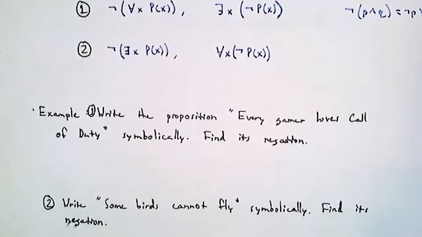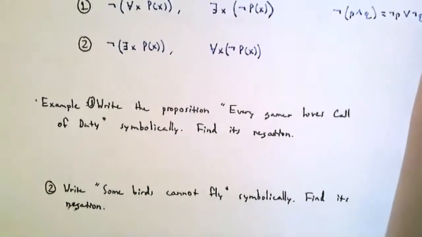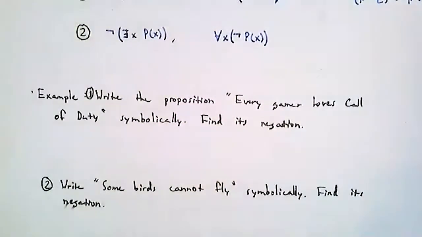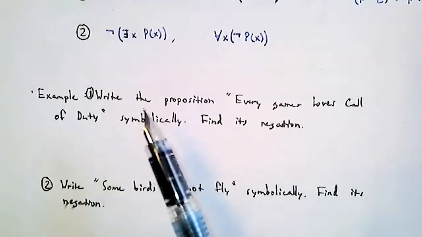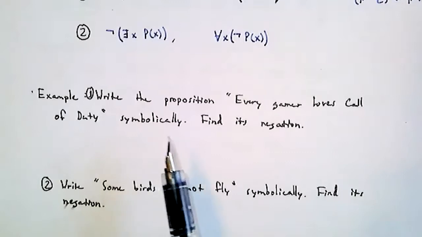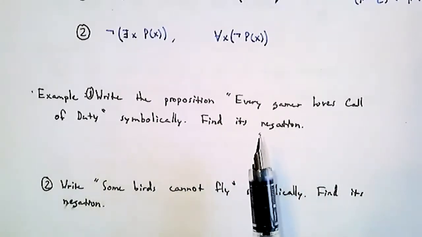Okay, so let's try out this idea on a few simple statements like this one. I want to write the proposition, every gamer loves Call of Duty, symbolically, and then I also want to find its negation symbolically and in words.